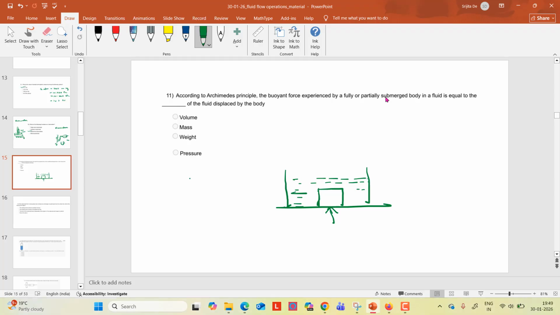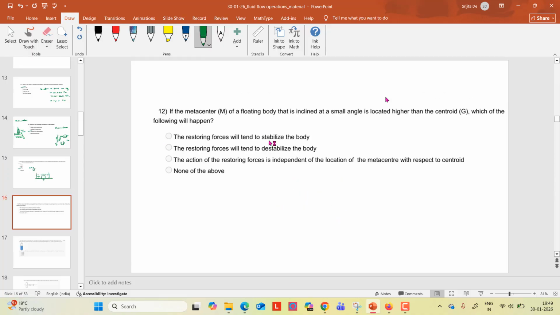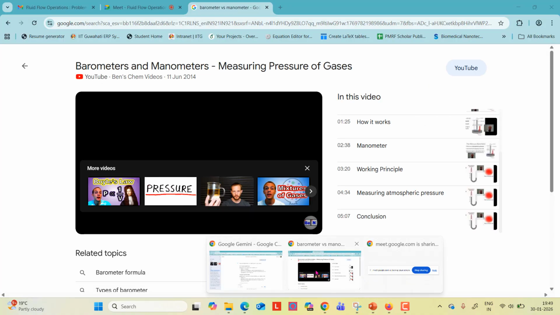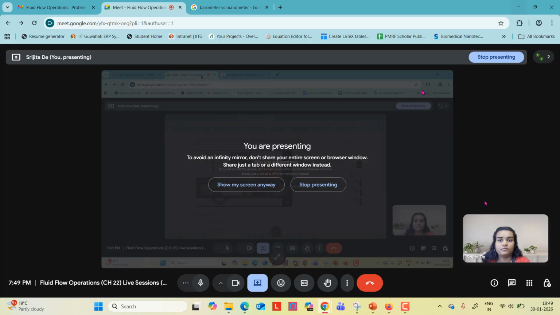Okay, so it is the weight of the fluid. Weight means mass into acceleration. Okay, it is mass into acceleration.